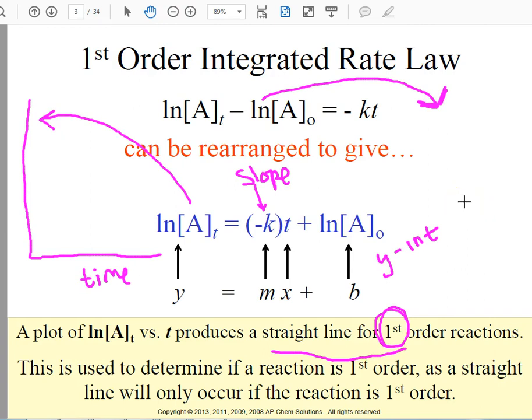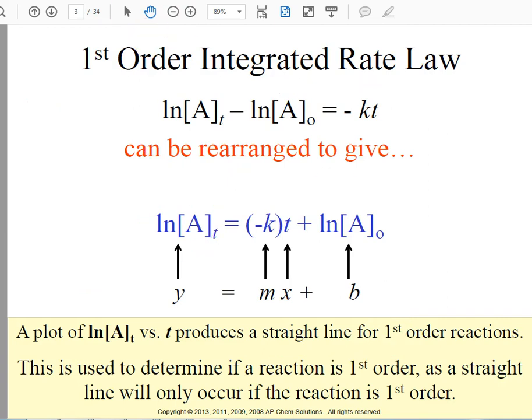So that is one way that you can figure out if a reaction is first order. If you have a plot in which natural log of your concentration is on the y-axis and time is on the x, if it makes a straight line, then you know it's first order. And if it doesn't, then you know it is not first order.